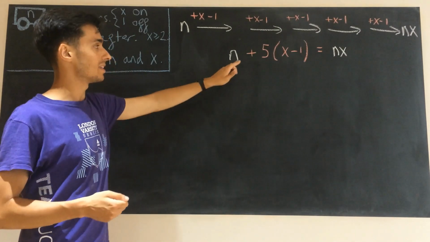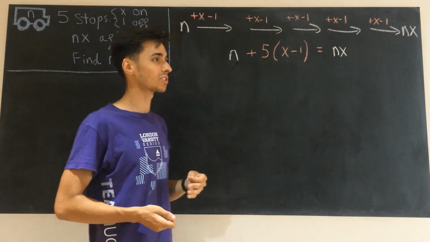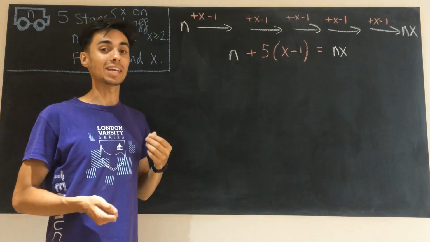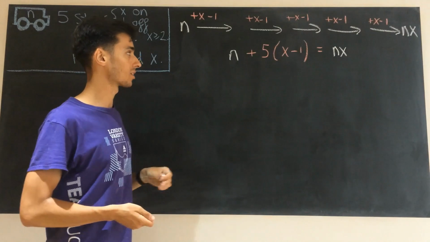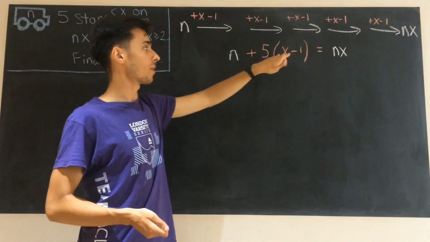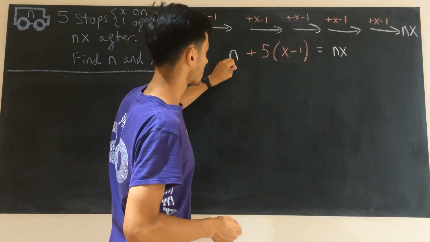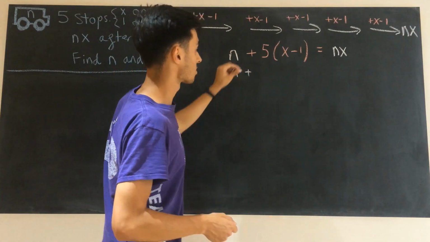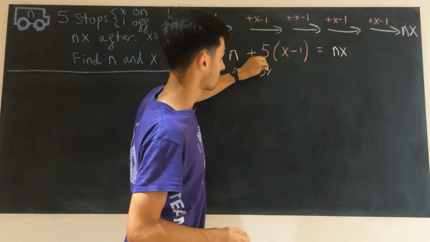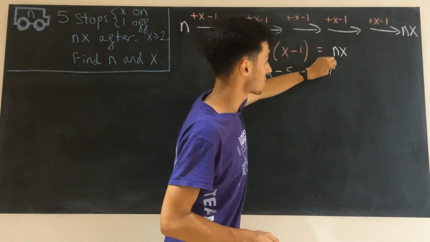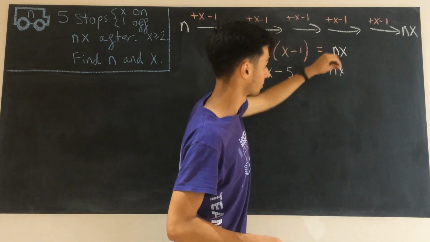What we'd like to find is n and x. So there's 2 ways we could approach this. I would like to make x the subject. So first of all, we should expand out our brackets. So here we're going to have n plus 5x, take away 5, equals nx.